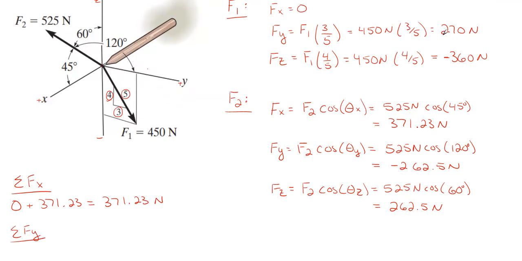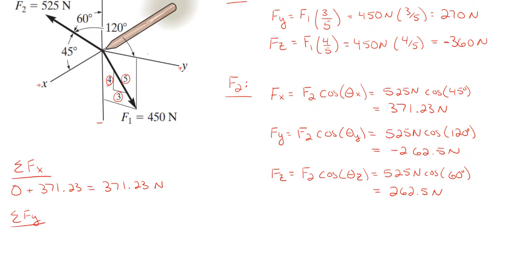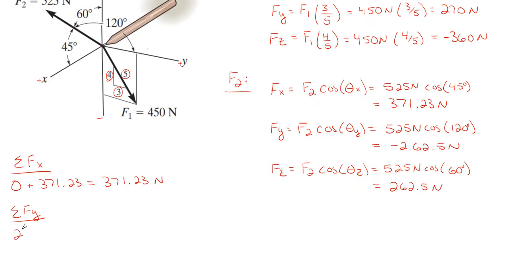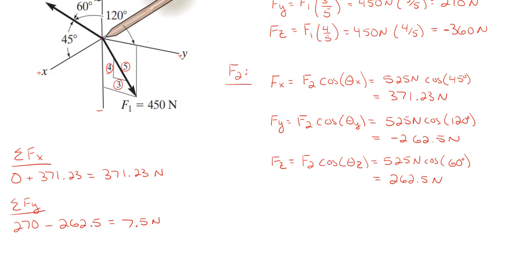For F1, we have a positive 270, and Fy for F2, we have a minus 262.5. So we would have positive 270 from F1, minus 262.5 newtons for F2. And that gives us a positive 7.5 newtons for Fy.